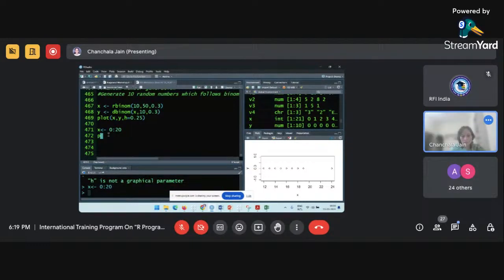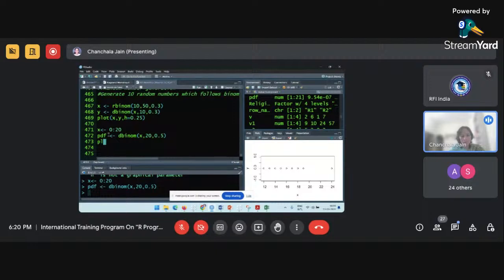Now, suppose I'm writing dbinom and passing X of 20, and suppose probability is 0.5, right? Now I'm plotting it, X comma PDF and suppose H. It is working, right?